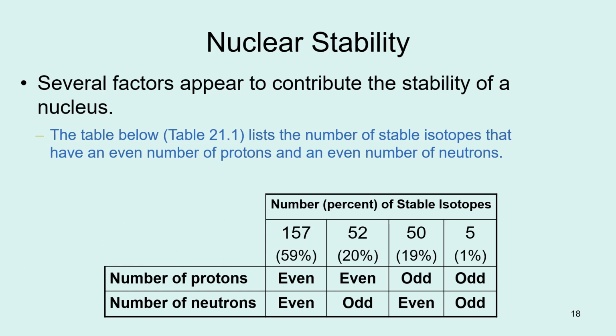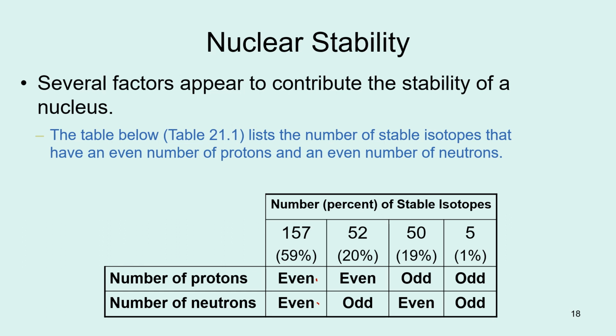Another thing is the stable isotopes generally have an even number of protons and an even number of neutrons. So if it's an odd number, it tends to be less stable. And all this is showing you is that 59% of all the stable isotopes have both an even number of protons and an even number of neutrons.